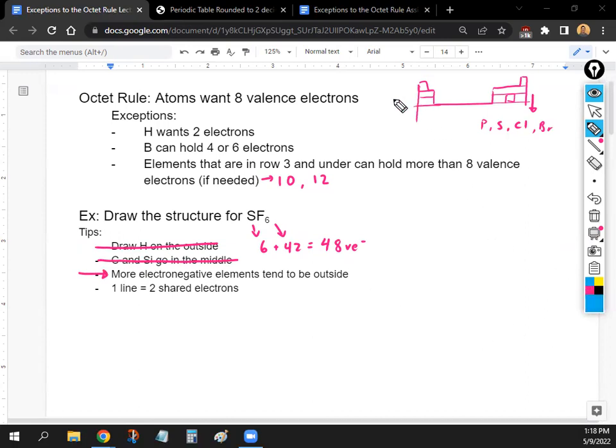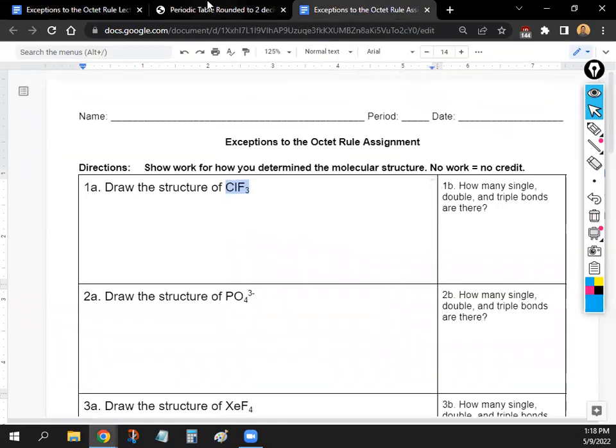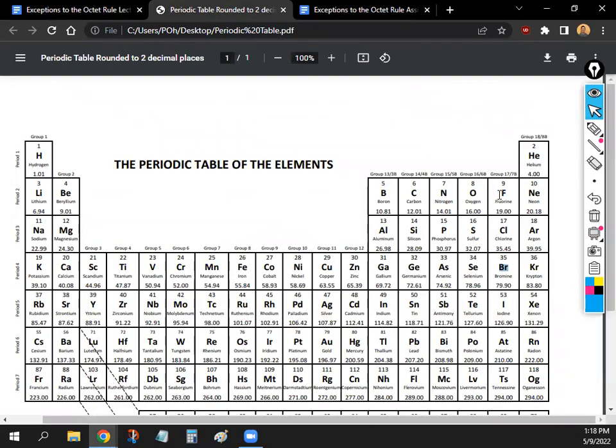If you guys don't remember what electronegative means, basically elements that are higher and more to the right on the periodic table are the ones that are more electronegative. So the higher it is and the more to the right on the periodic table an element is, the more electronegative it is. So we have S and F, right? If we take a look at S and F on the periodic table, which one is higher and more to the right?